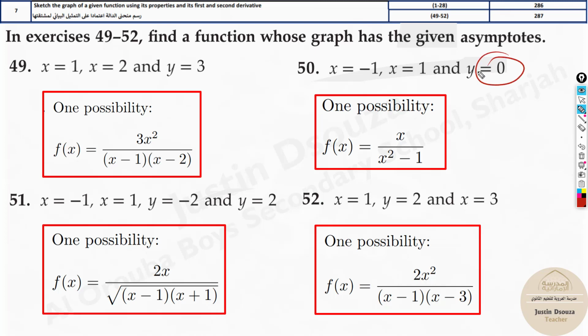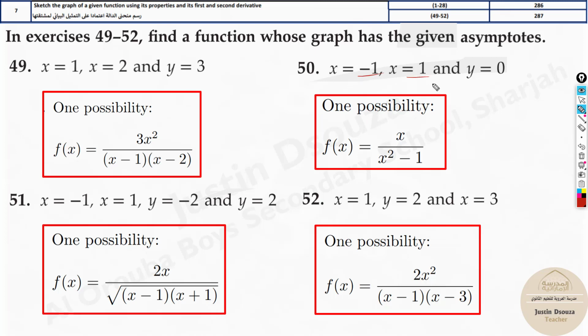If y is 0, then all you need to do is the numerator over here must be having lesser power. The power over here must be less than the denominator. If you have over here power 1 and 2, that's enough. Then it is y is equal to 0. But when y is any other number, I'll come to that in a minute. But first, let me do x values.